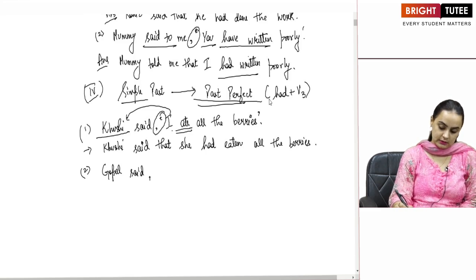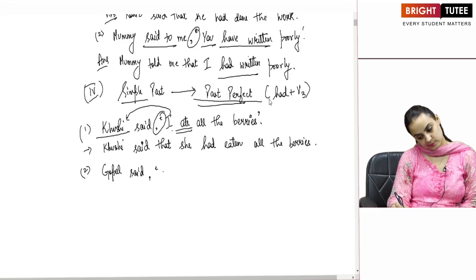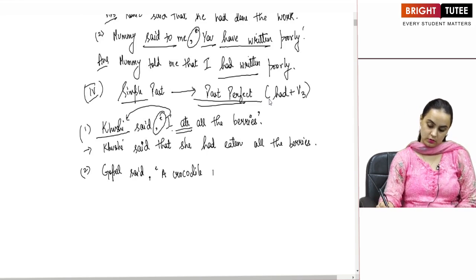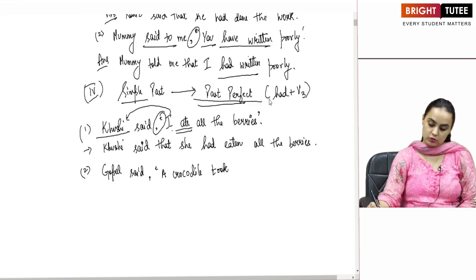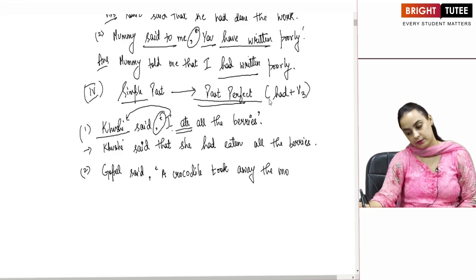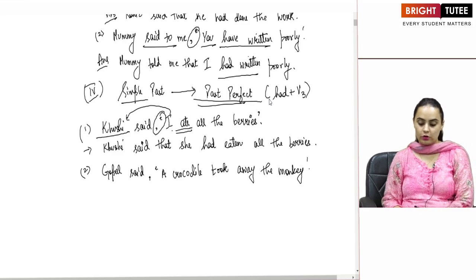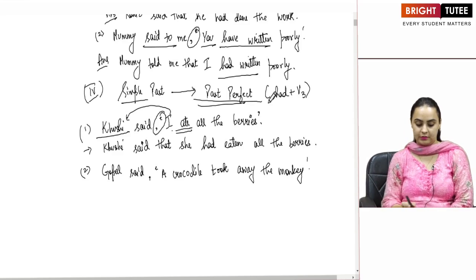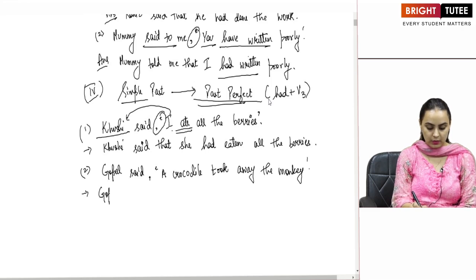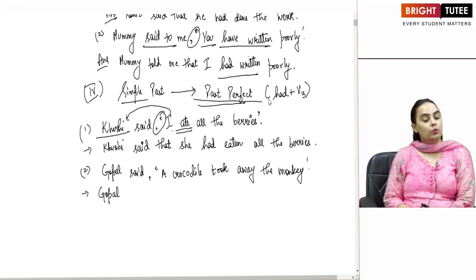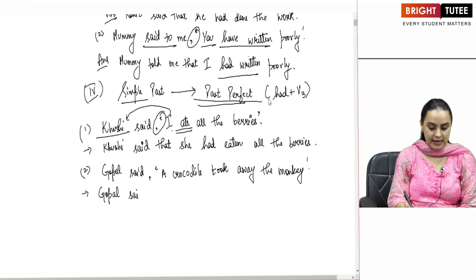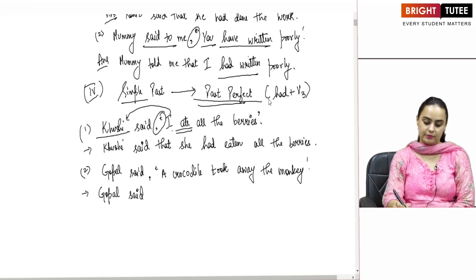Gopal said, a crocodile took away the monkey. So Gopal said, a crocodile took away the monkey. Who is my speaker here? Gopal. What will my reporting verb be? Said, because I do not have a listener.